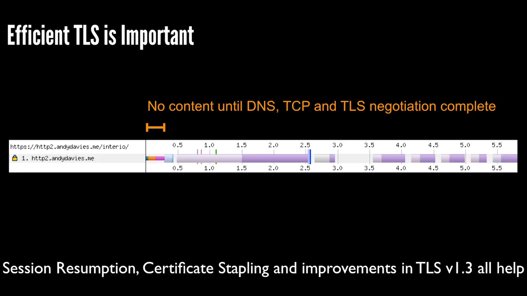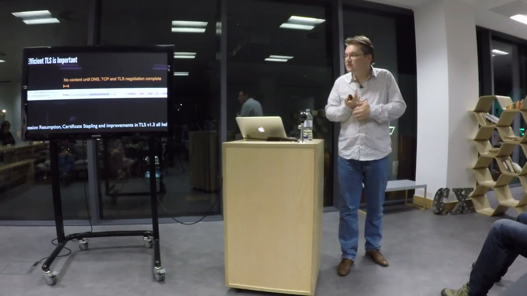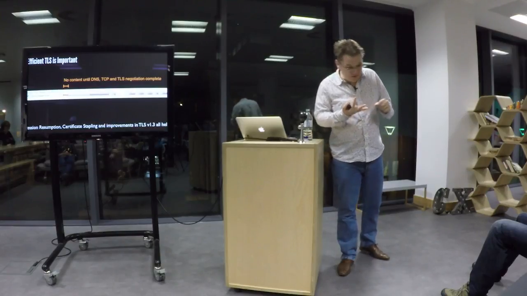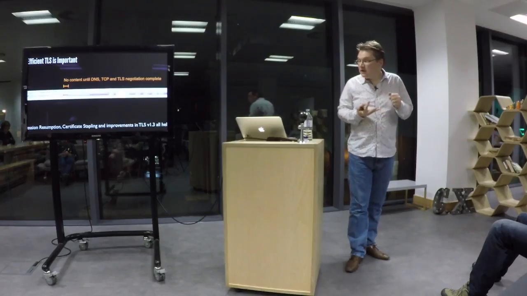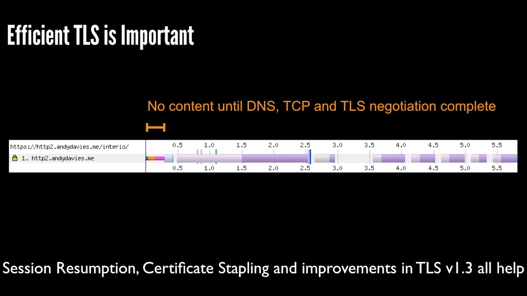One of the key things that's important though is good, efficient TLS, setting up secure connections efficiently. So it's things like short certificate chains, large congestion windows, using session resumption in HTTP and in TLS, certificate stapling.